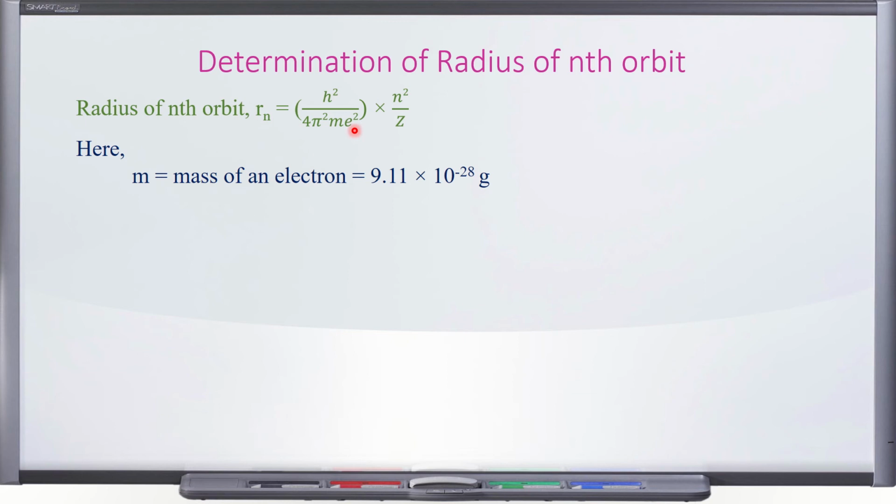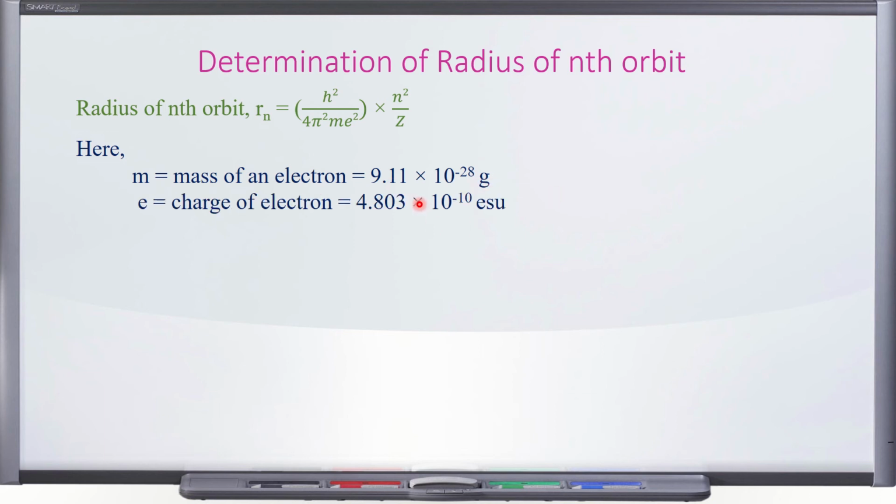This is a CGS unit. So, where the charge of electron is used, at that time you have to use CGS unit for every term. So here we will take the mass of an electron as 9.11 into 10 to the power minus 28 gram instead of 9.11 into 10 to the power minus 31 kg.